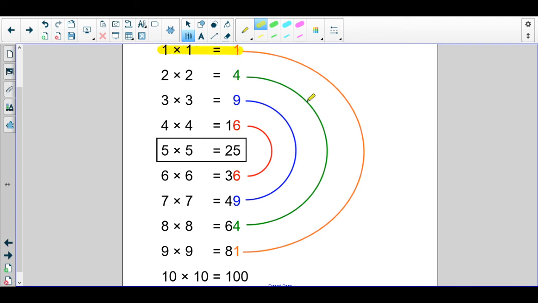1 times 1. You know that because that is the property of 1. Any number times 1 is equal to itself. All right, you know this one. 10 times 10 is 100. So you already knew that one. You already knew 2 times 2 is 4. This one's a unique one because not only is 2 times 2 4, but 2 plus 2 is 4.